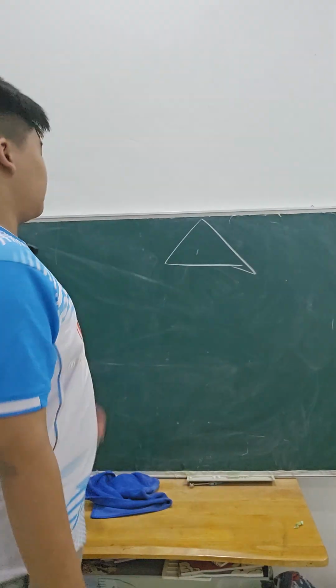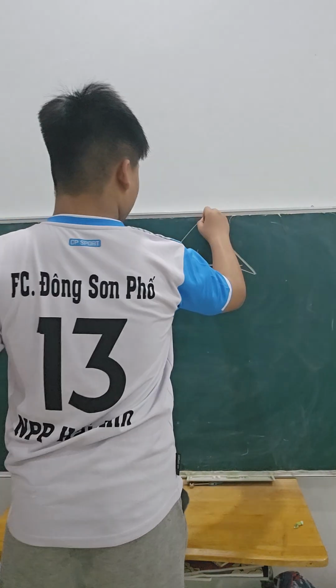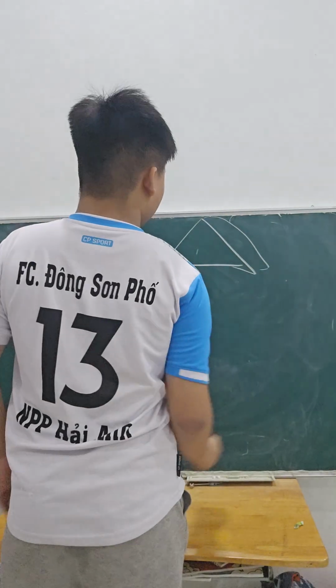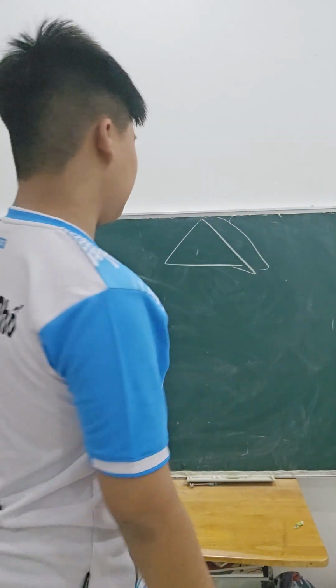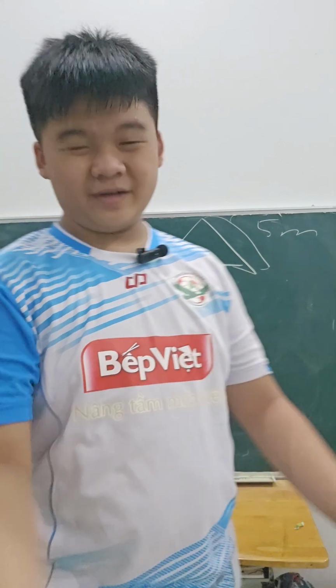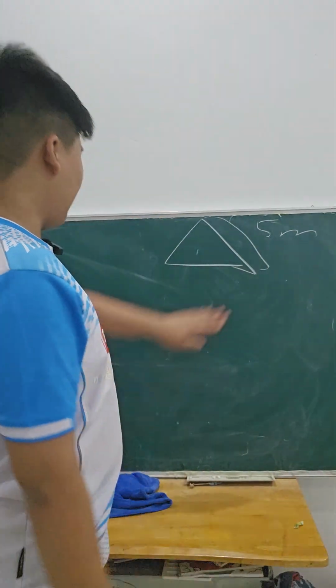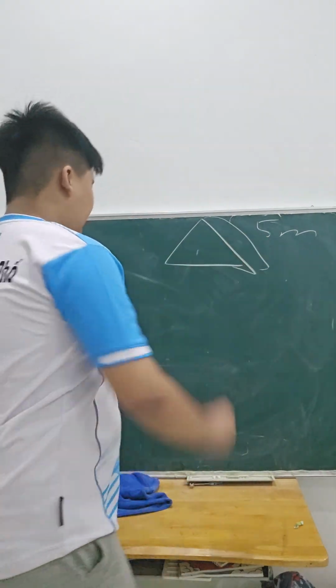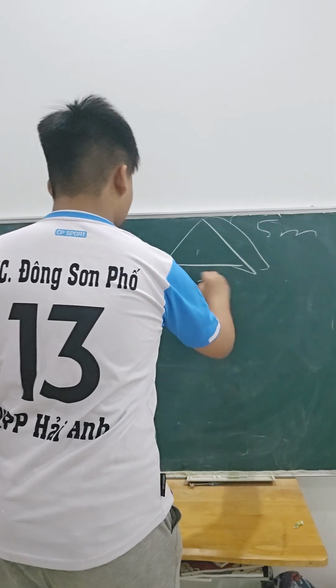So you calculate the length of one side. Let's say it's 5 meters. So now we have this. We take that and multiply it by 3.